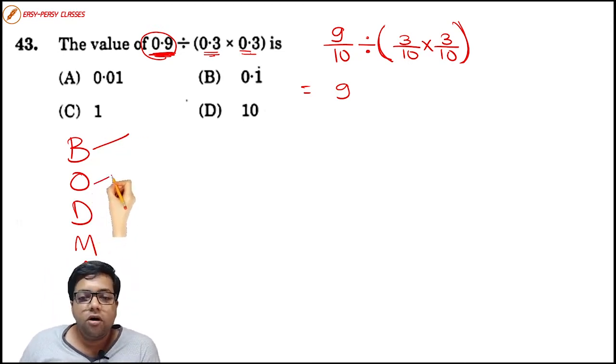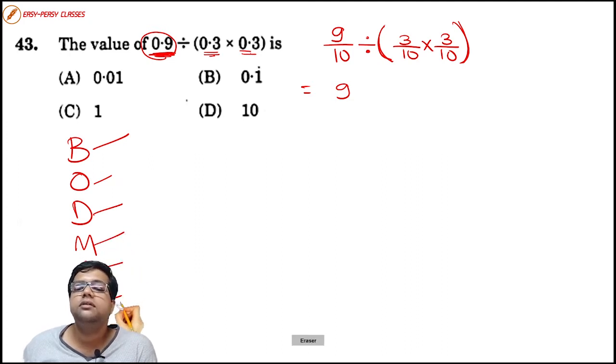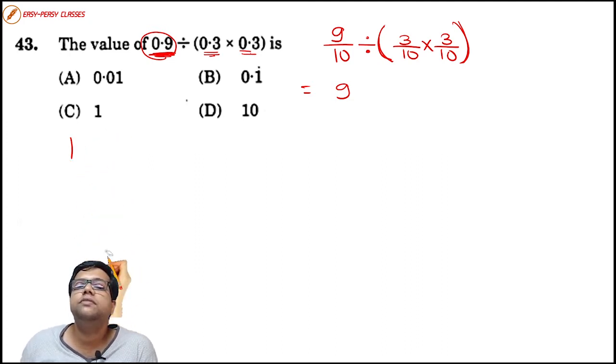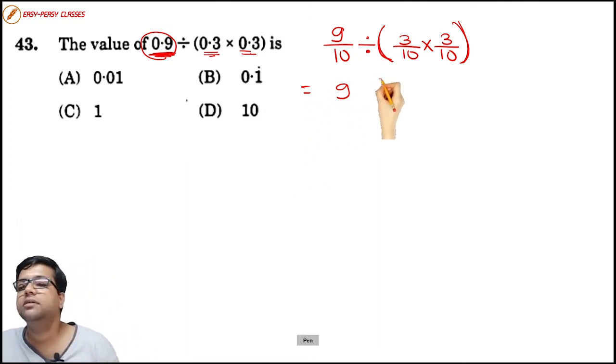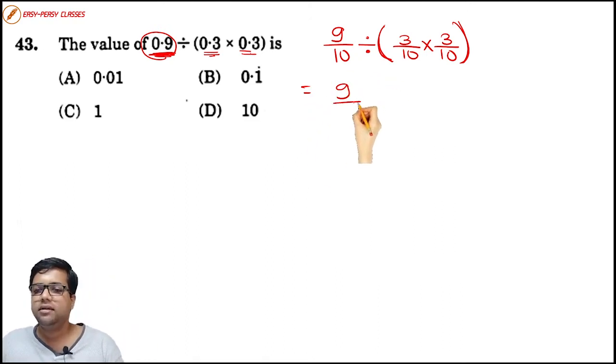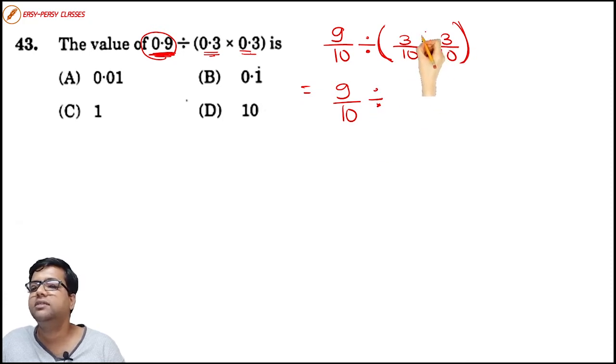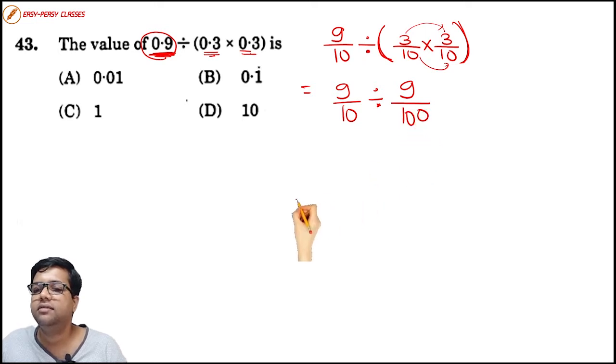Next you will attend the of, division, multiplication, addition, subtraction. This is the order in which you will attend the operations. So 9 by 10 is as it is to be written, divided by, so multiplication is there, numerator will get multiplied to numerator, denominator will get multiplied to denominator. So 3 3s are 9, 10 10s are 100. This is what you get.